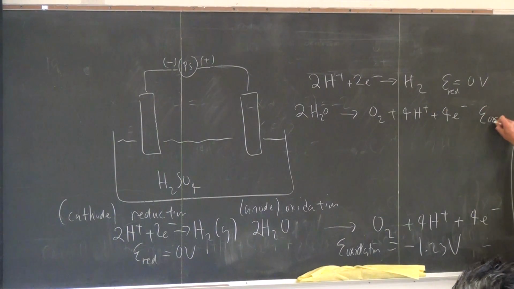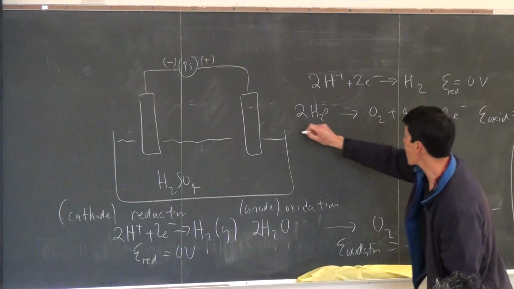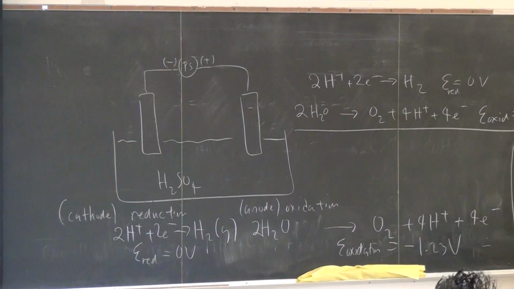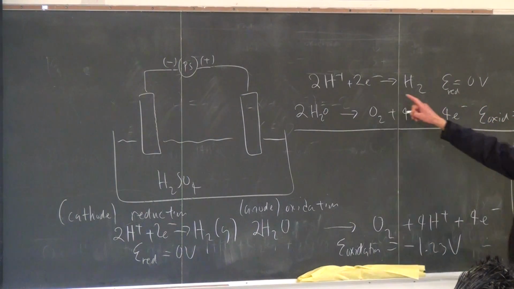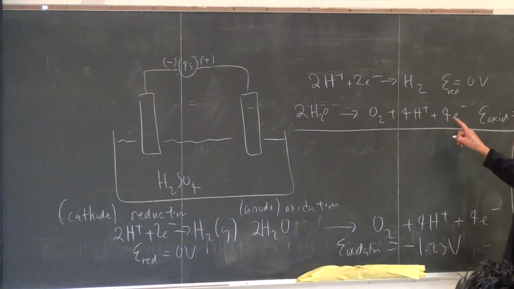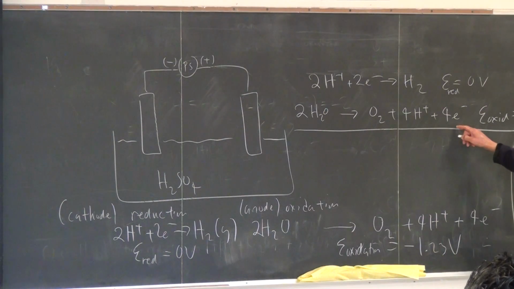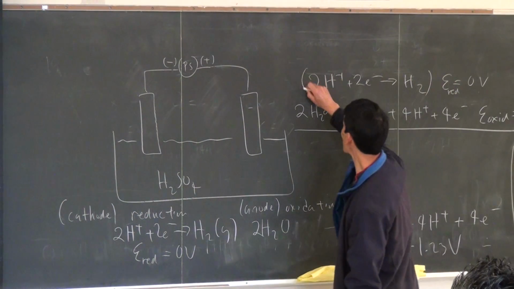E oxidation is minus 1.23 volts. So let's add these two together. And before we add them together, because we have 2 electrons transferred here, we have 4 electrons transferred there. Do we need to multiply this one by 2?